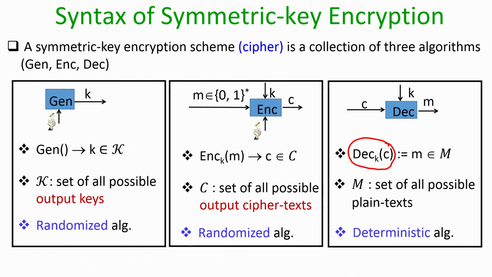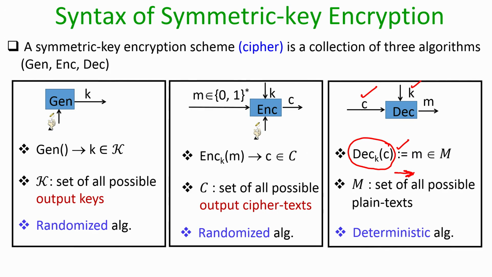There are no random bit strings generated inside the decryption algorithm to decide the outcome m, and as a result I am not using the arrow notation to denote the outcome of decryption. Instead, I am using the assignment operator. What I mean is, if I call the decryption algorithm multiple times with the same value of k and the same value of c, I am bound to get the same m again and again.